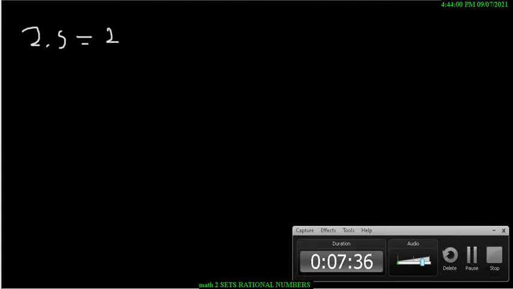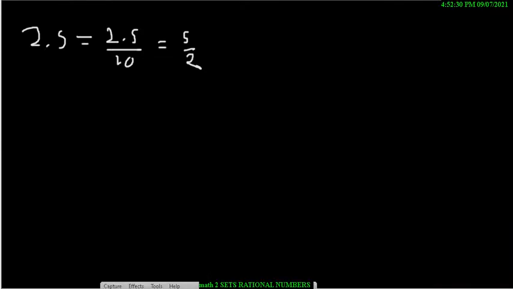It's 25 over 10, because we count the number of decimal places, so this is 10. If we simplify, this should be equal to 5 over 2.